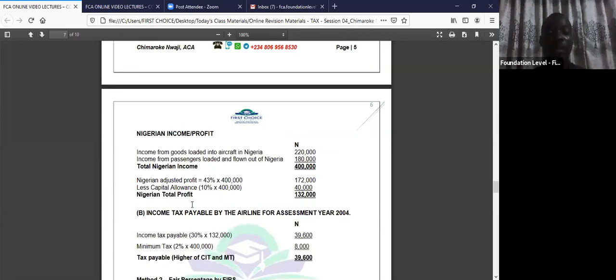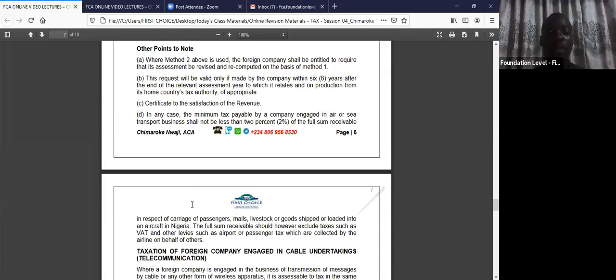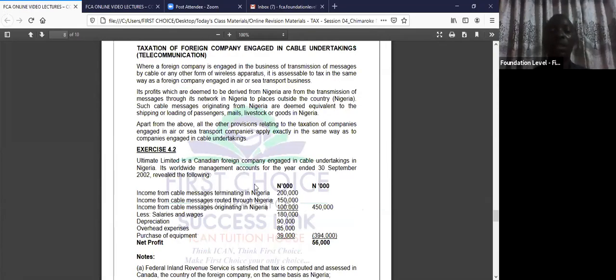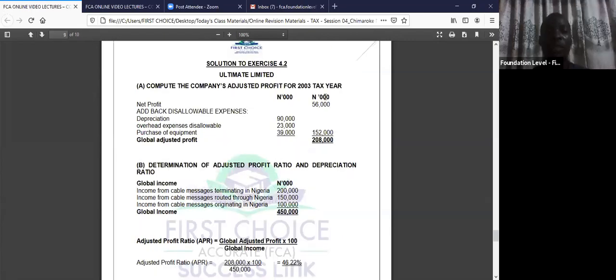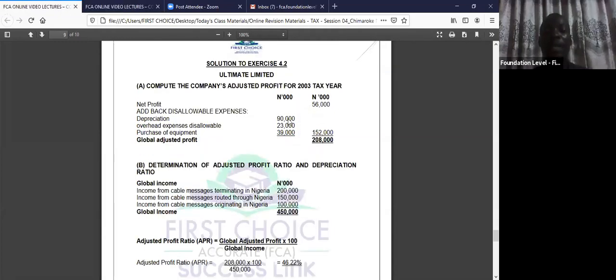Okay, so let's look at the solution. So this is the net profit that was given to us in the question, 56,000. So we brought it down here. We're adding back those three things we said. 90,000 depreciation, overhead that are disallowable, 23 million, and purchase of equipment, 39 million.